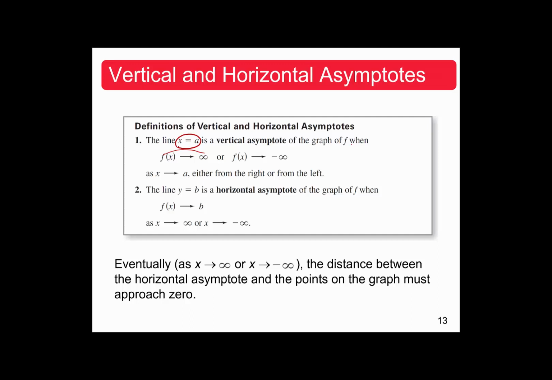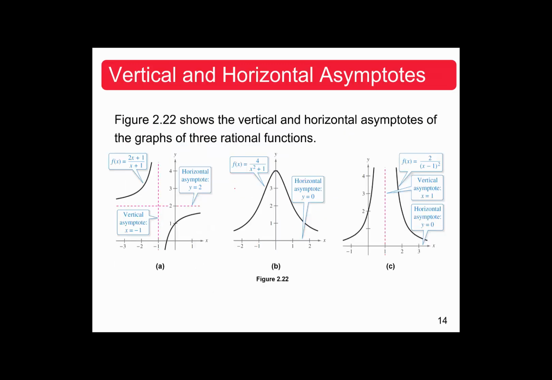Okay. And the line y equal to b is a horizontal asymptote when x approaches plus or minus infinity, and the f of x, the y value, approaches a constant number b. So typically a horizontal asymptote will look like y equal to a constant. Yeah, we look at the detailed calculation later.